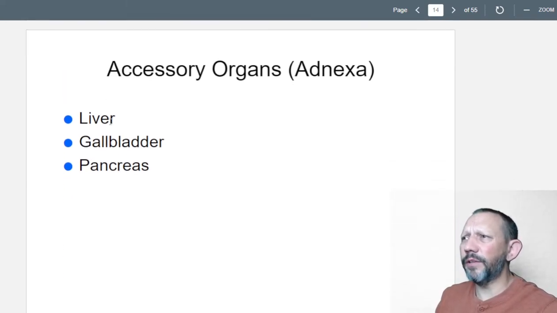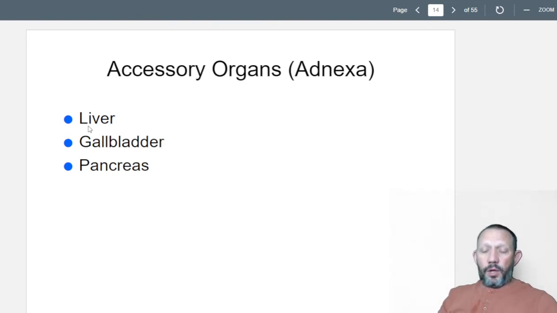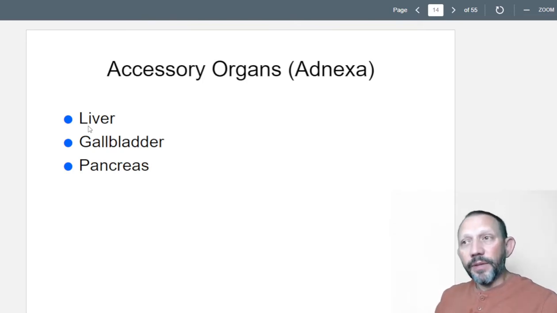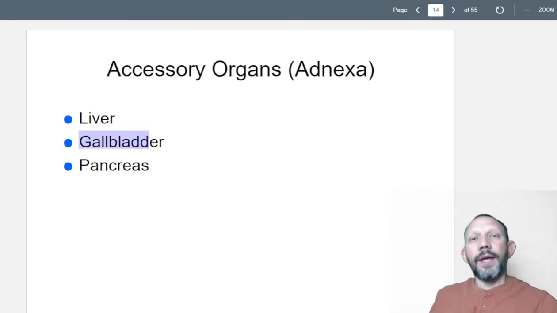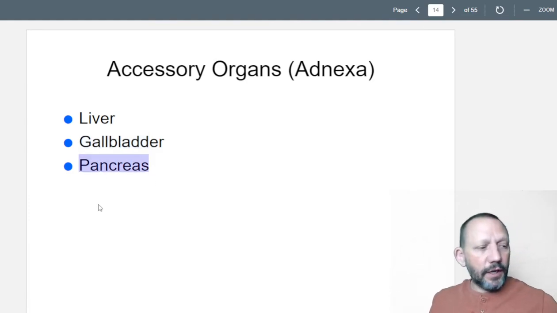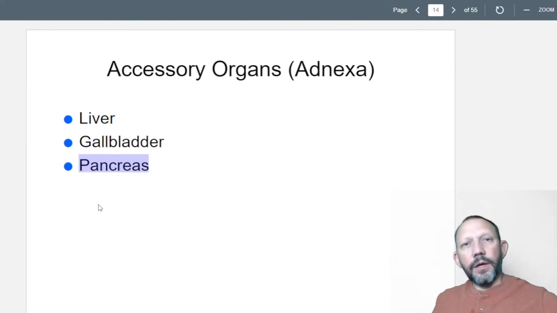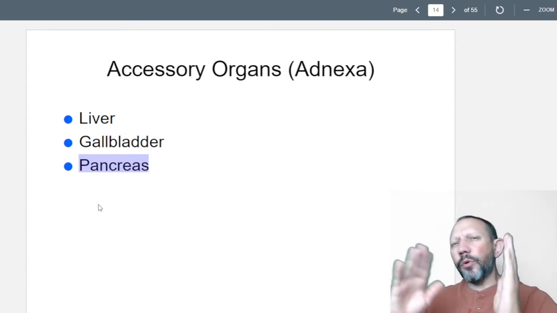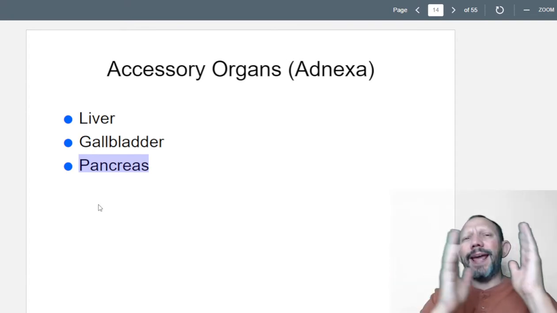Accessory organs, or adnexa. The accessory organs are just the ones that help out with digestion. That's going to be the liver, which makes bile, the gallbladder, which stores bile and then pushes the bile out, and then the pancreas, which is your main gland, which has 2 parts. It's actually an endocrine gland and an exocrine gland.